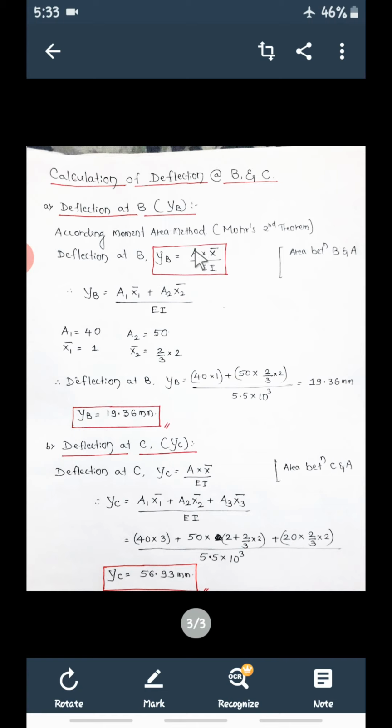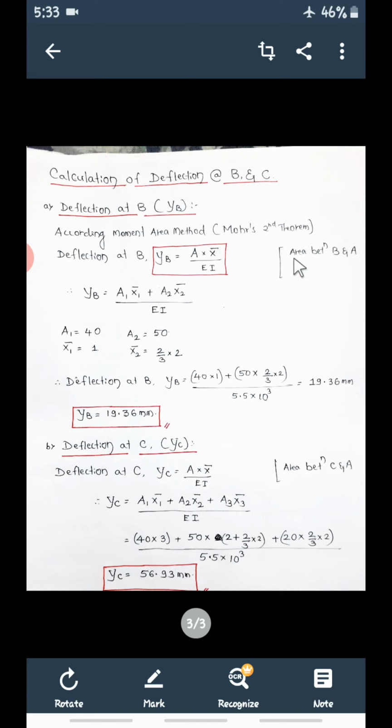For this we use the moment area method, Mohr's second theorem. So the deflection at B, YB, is equal to A into X bar divided by EI. A is the area, multiplied by the distance of its centroid from a reference point.